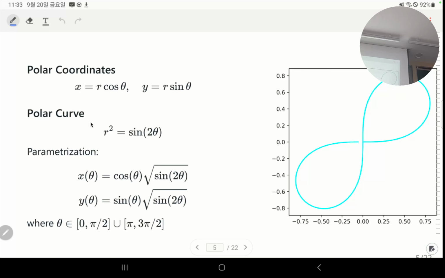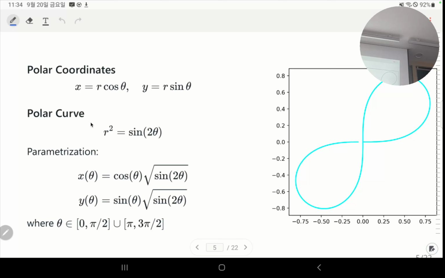If the sine value is negative, it means that there's no such point, so it's impossible. So when 2 theta ranges on an interval where the sine values are negative, you can disregard those points. And x is now given by r cosine theta, with r given by this, and y is given by this.